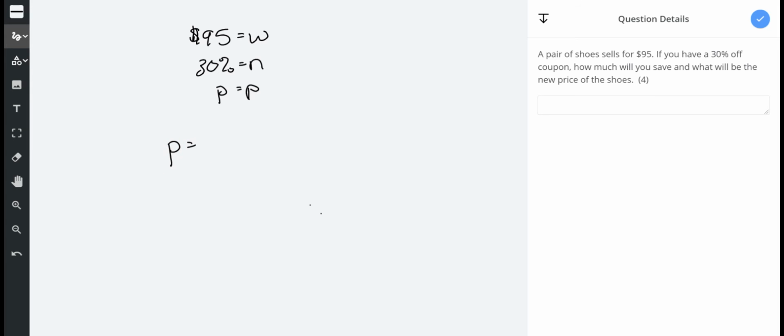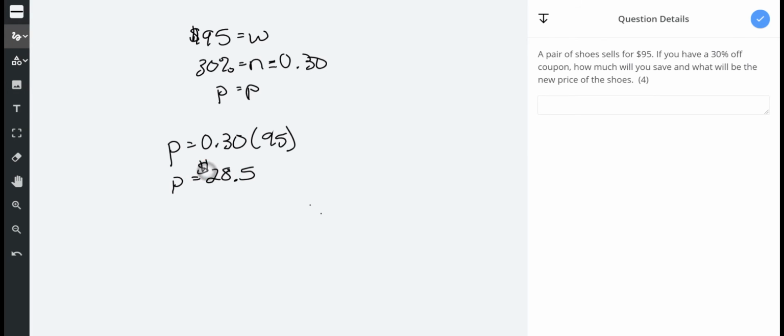So part equals the percent times the whole. So we're going to do 30 hundredths times 95. Again, when you have the percent, it has to be written as a decimal if you're using the percent equation. So 30 hundredths times 95. The part is 28.5. 28 and 5/10.